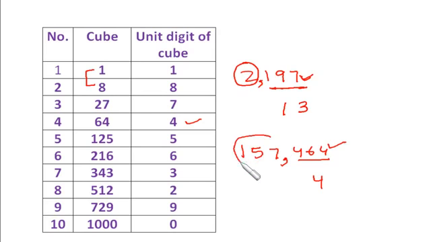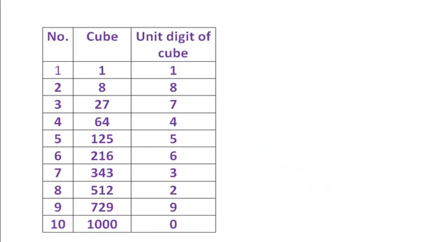Now 157 lies between the cubes of 5 and 6, isn't it? It's between 125 and 216. So the tens digit of the cube root will be 5. So the cube root of 157,464 is 54. It's very easy, friends. You just have to observe the table. You just have to practice.